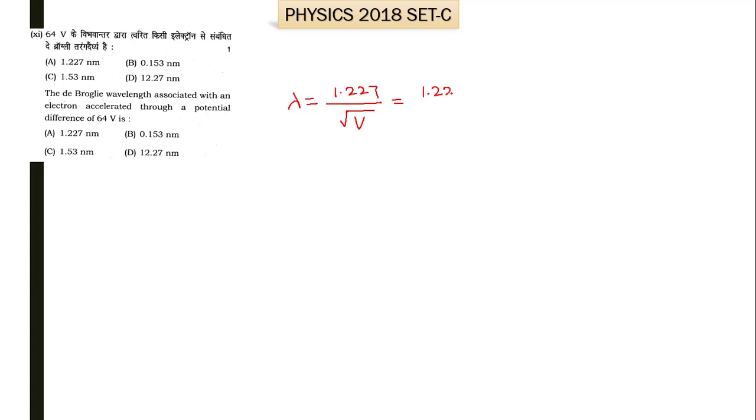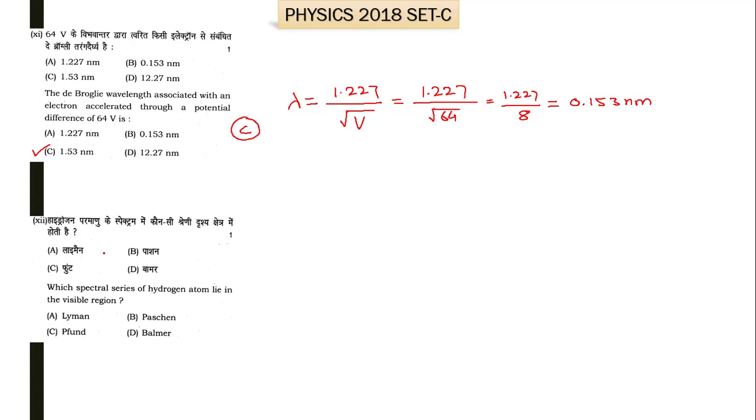Here it is given that the accelerating potential is 64 volt, so I am writing here 64. When we square root this, we get 8. So 1.227 divided by 8, and when you solve it, you get 0.153 meter. So C is the right option for part 11 of question number 1.